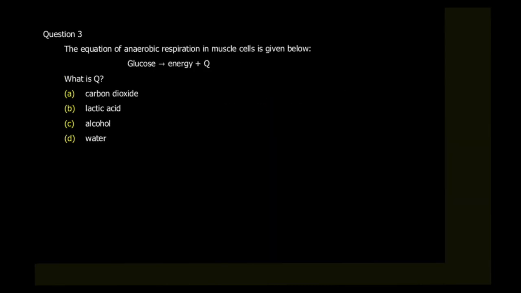Let's move to the third part. Question 3 says the equation of anaerobic respiration in muscles is given by the equation below. The key phrase here is anaerobic respiration in muscle cells. Anaerobes are organisms that do not require oxygen to survive.